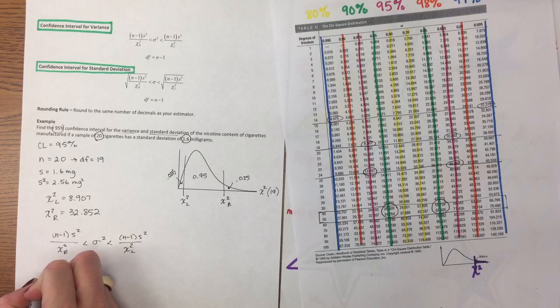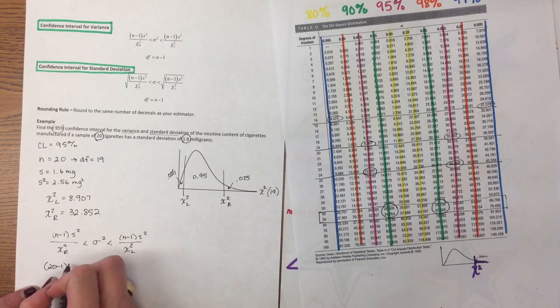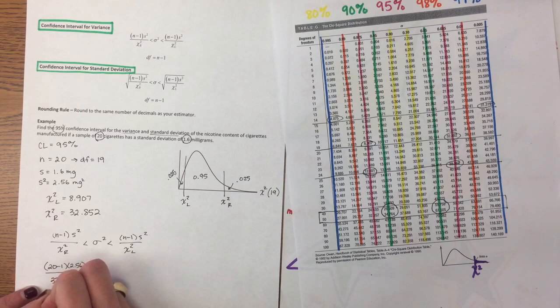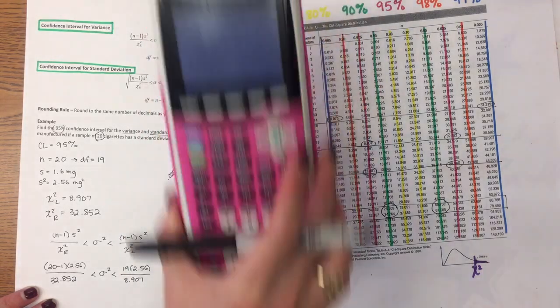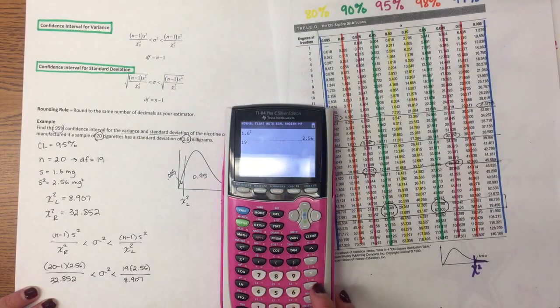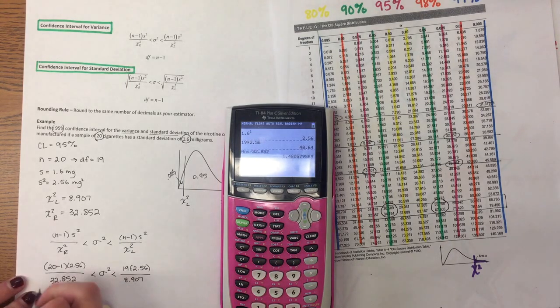So this is 20 minus 1 times 2.56 divided by 32.852 is less than the variance is less than 19 times 2.56 divided by 8.907. 19 times 2.56 divided by 32.852 is going to give me 1.48.